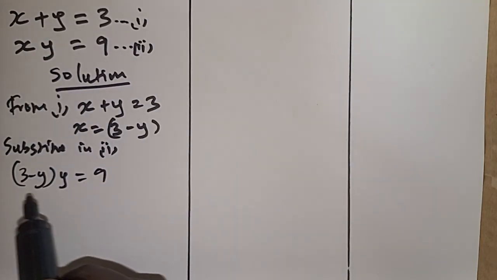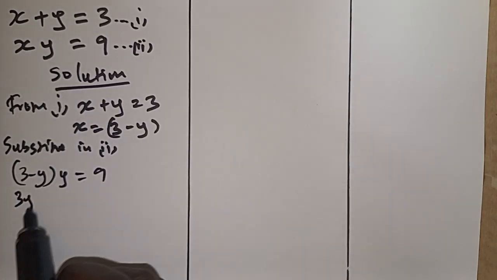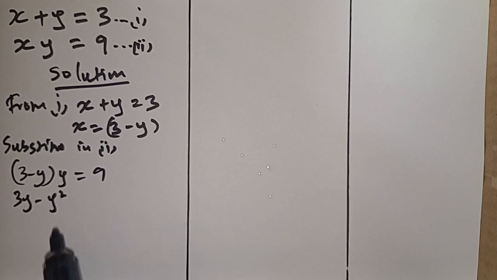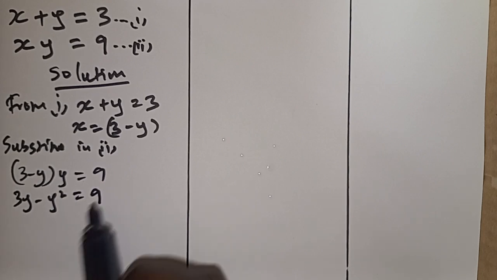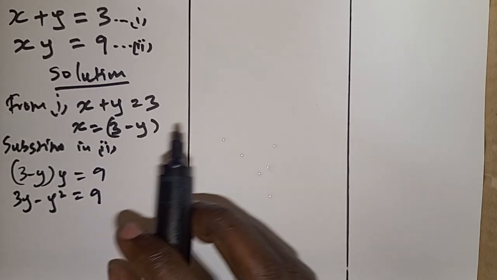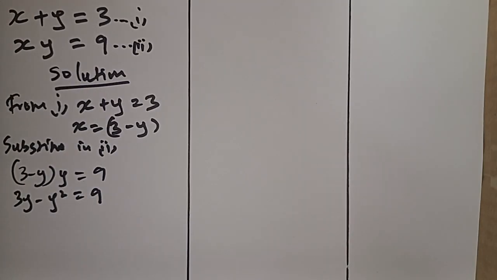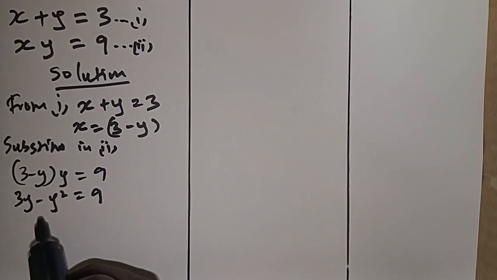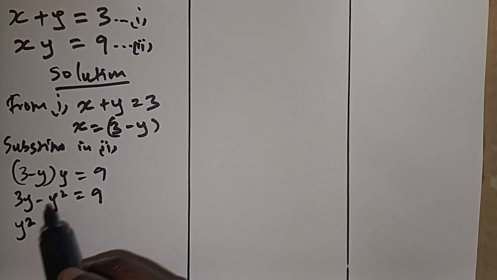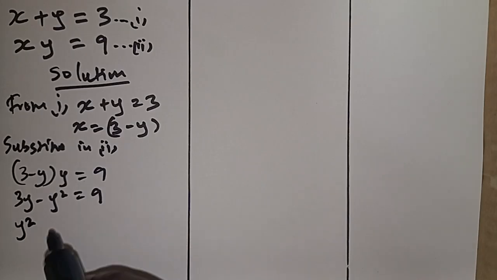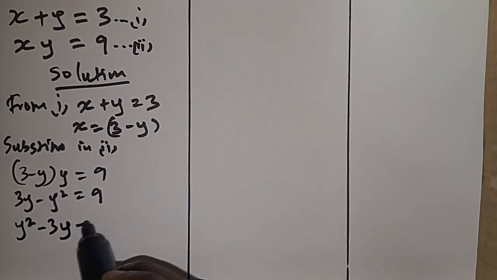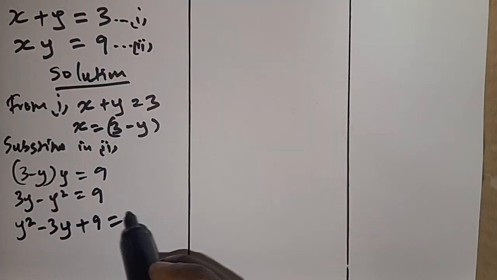Opening the bracket, I'm going to have 3y minus y squared equal to 9. Then I can rewrite it as a quadratic equation, starting with the positive y squared. Taking this to the other side, it becomes y squared minus 3y plus 9 equals 0.